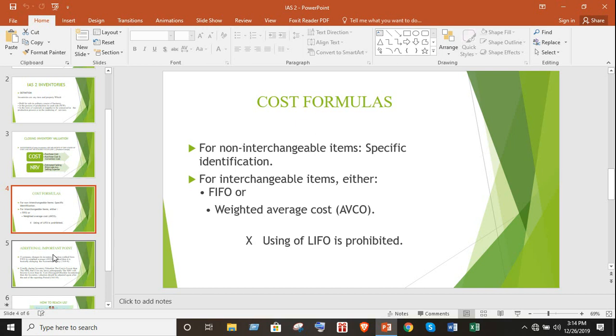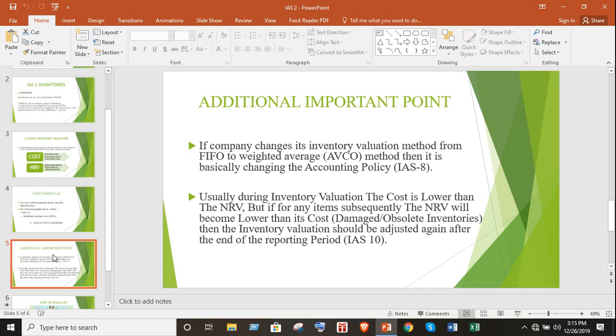So this actually conflicts with our core accounting concept of consistency. I hope you understand what consistency is. If it conflicts with consistency, then it will make it a problem to compare those financial information.